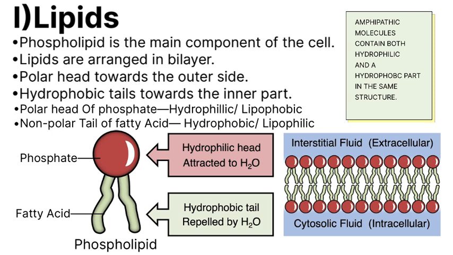First, we have the polar head of the phosphate molecule which faces the outside environment, and it is hydrophilic in nature, meaning water loving, and as it is water loving it is also lipophobic, meaning fat repelling.